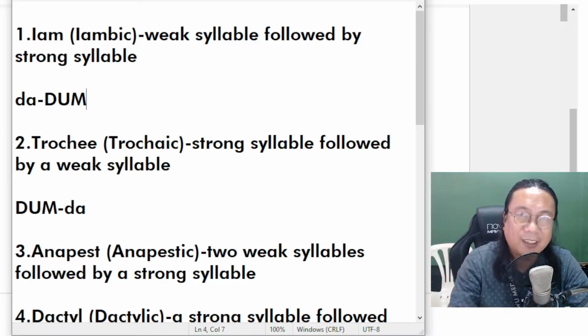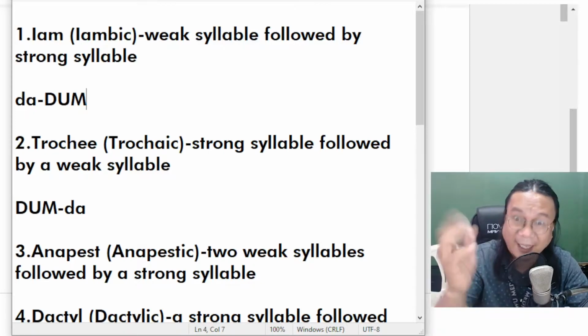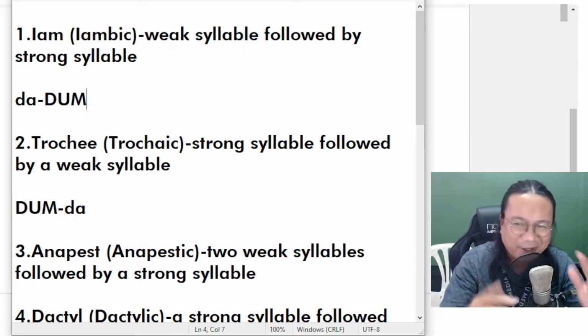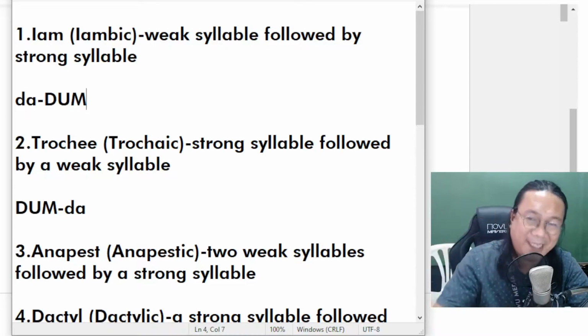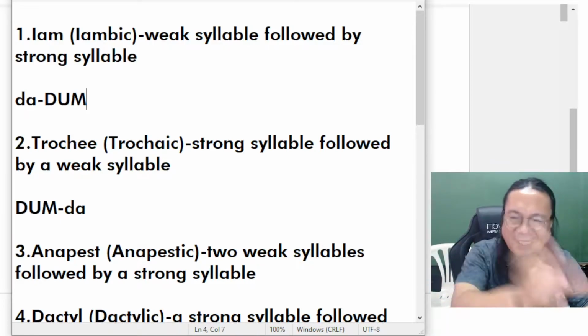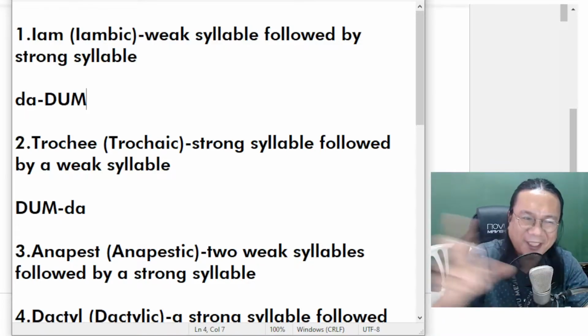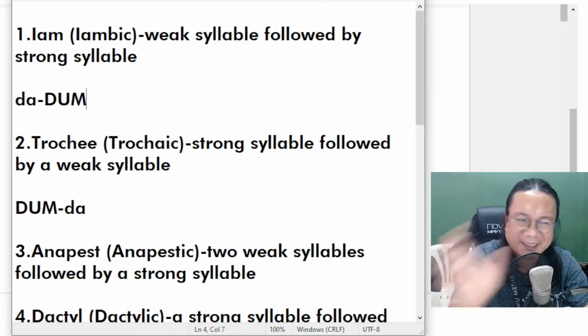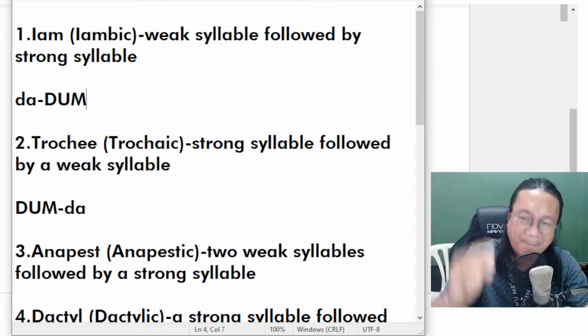In Tagalog, lipad. O kaya, laslas. So those are types of iambic foot. So pag nilagay mo yung words na yon, that's iambic. It's the dumb. The dumb.